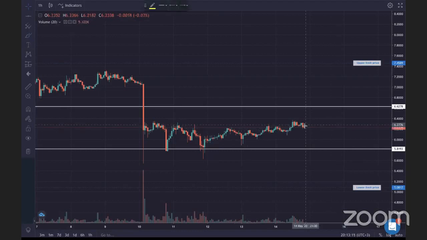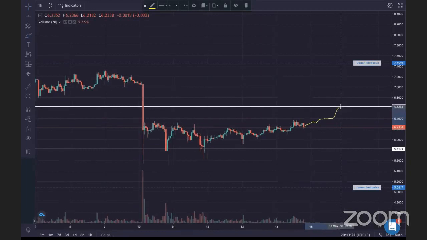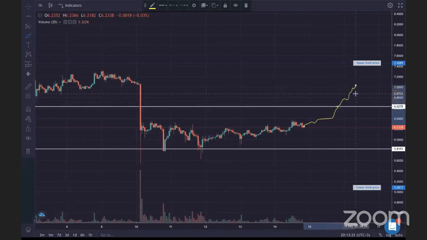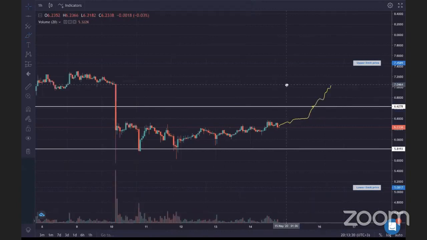That means that as the price moves upwards and it touches the upper limit and even goes higher, that's the point at which your trading range is gonna start following the price.